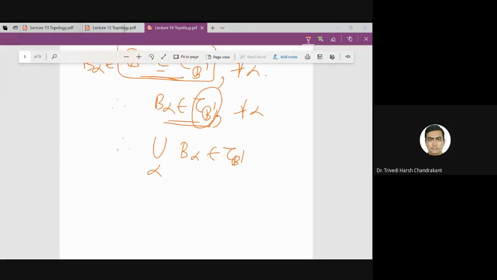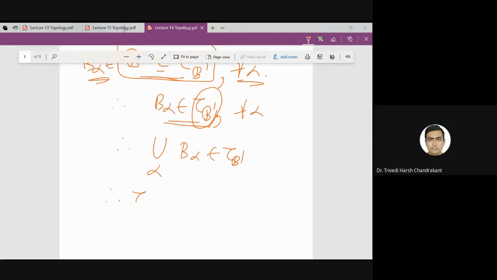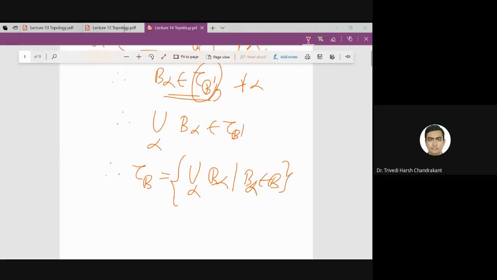So for all such collections of B alpha, this is true. And what is tau B? Tau B is nothing but the union over alpha of B alpha, where B alpha belongs to B. So every such element belongs to tau B dash, and this is a subset of tau B dash.